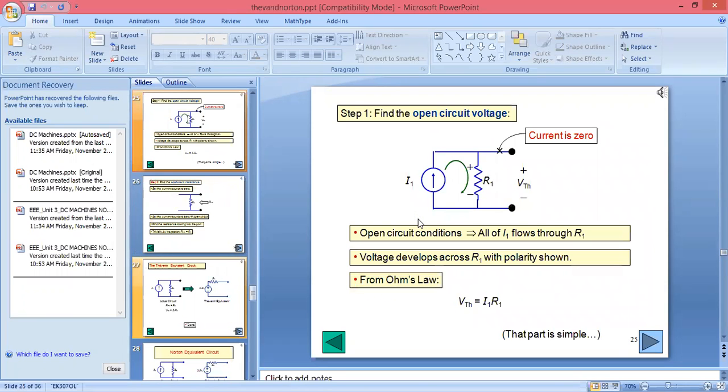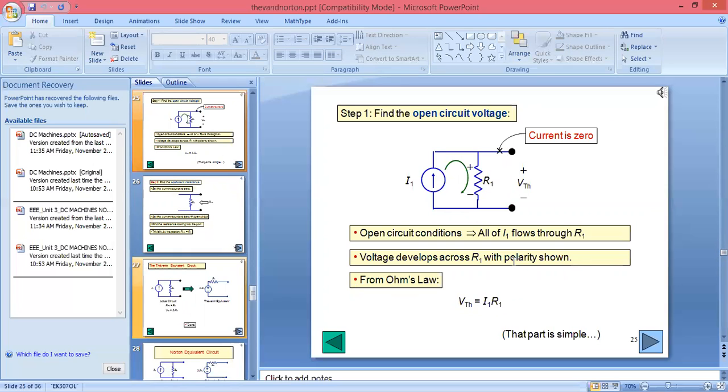In open circuit conditions, all of the current flows through R1, because only this current source is connected through R1, and the voltage developed across R1 shows polarity. So according to Ohm's law, VTH is nothing but I1 R1.